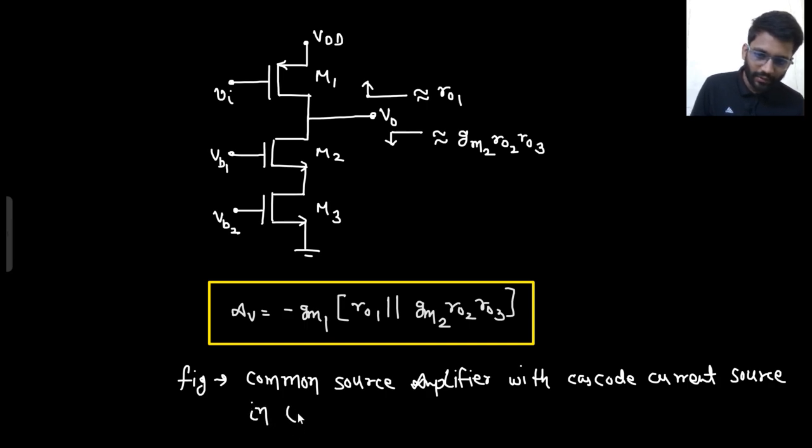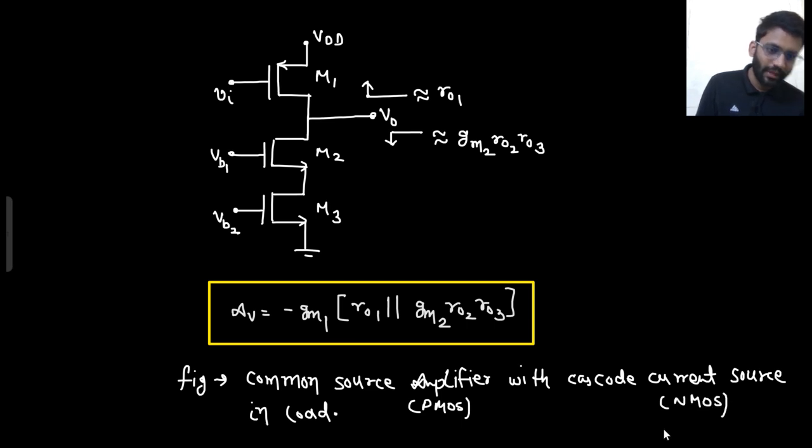Here the common source amplifier is made using PMOS, but the current source is made using NMOS. Are you able to connect all these things? I hope you are able to connect all the things.